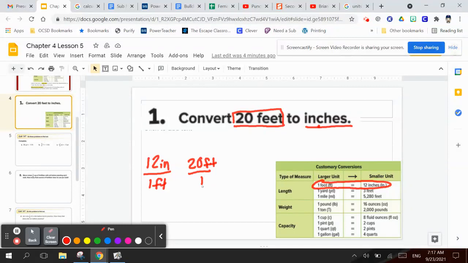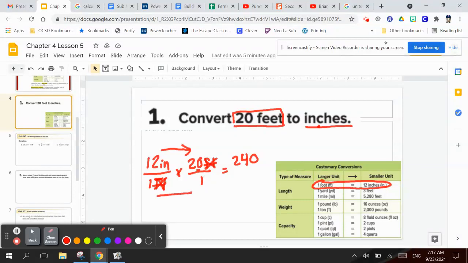So now before I multiply, I'm going to simplify before I multiply, which means I notice that there's a common factor between 1 foot and 20 feet, and that's the feet. So I'm going to cancel those out. So now I only have 20 and I only have 1. Now I can multiply. What is 12 times 20? Well, 12 times 2 is 24, and I have a 0, so that means a 0 in the end.